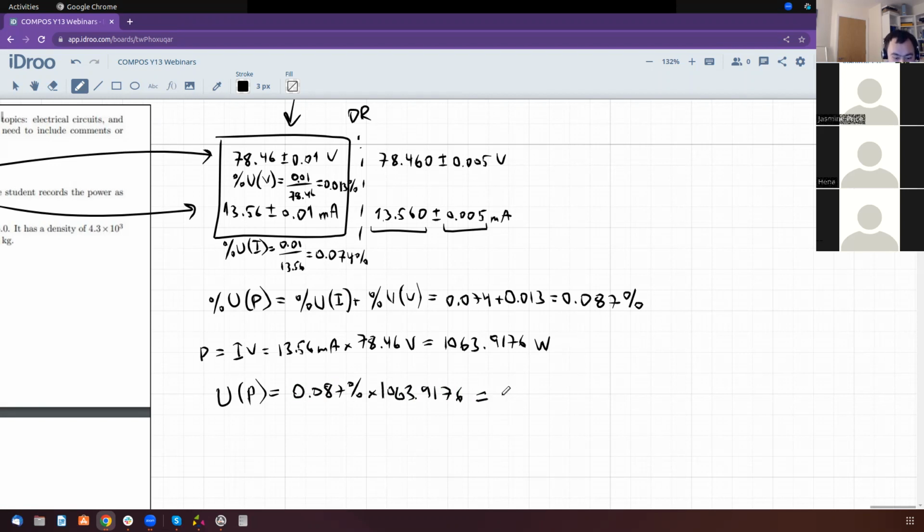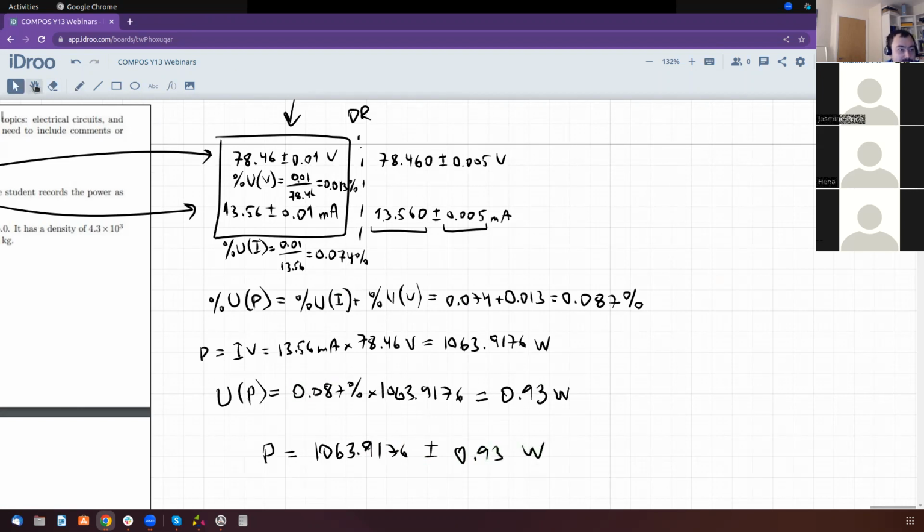You get 0.93. So the power is 1063.9176 plus or minus 0.93 watts.